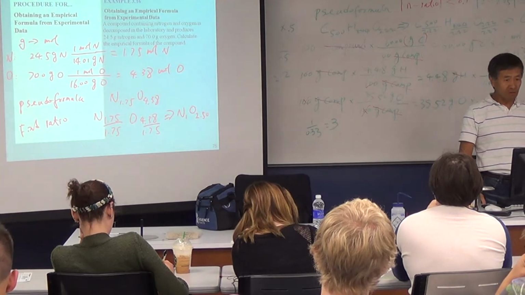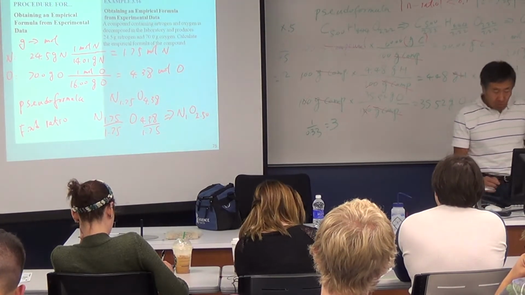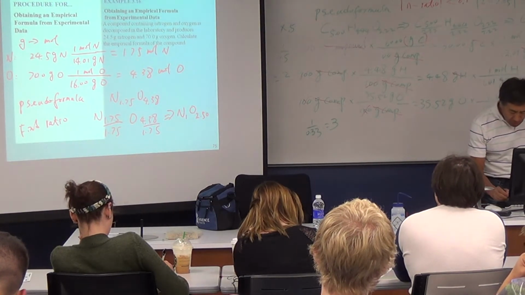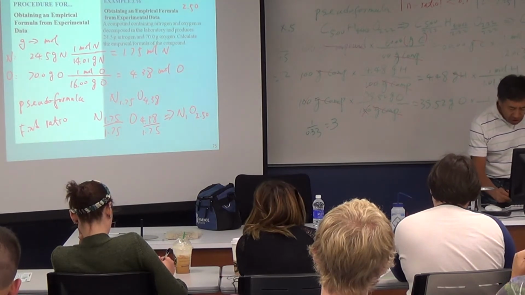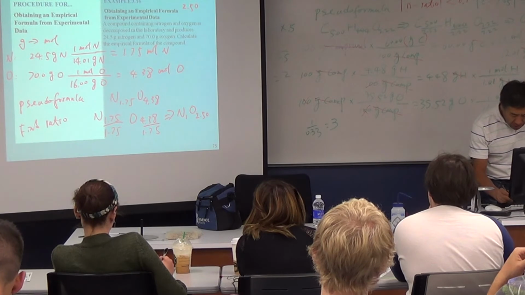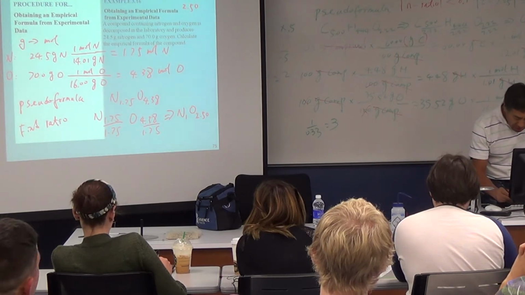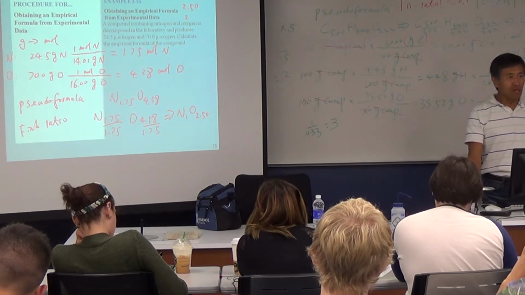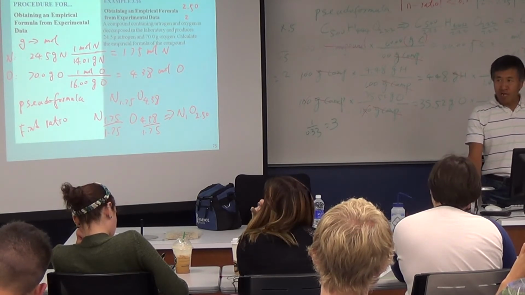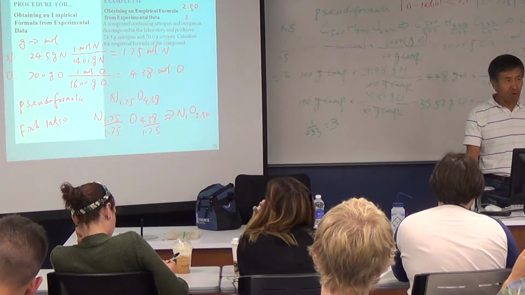Okay, 2.50. Now let's examine this 2.50 again. 2.50 is smaller than 3 and larger than 2, so it's in between these two integers. You can take either one, because this is in the middle.